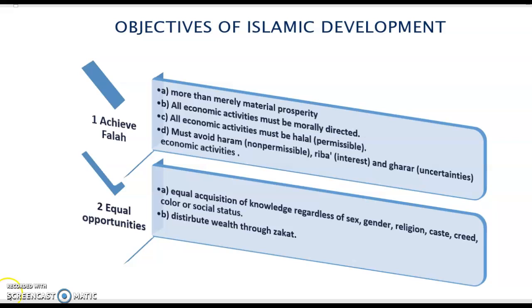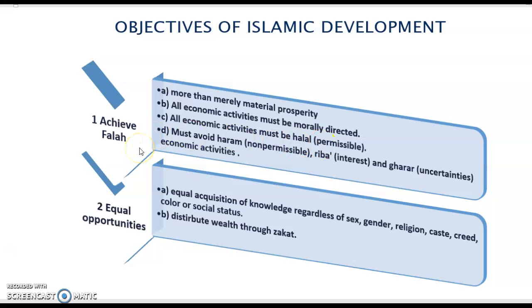So let's look at the objectives of Islamic development. The first is to achieve falah, as in hayya 'alal falah in the azan, which means go towards success.